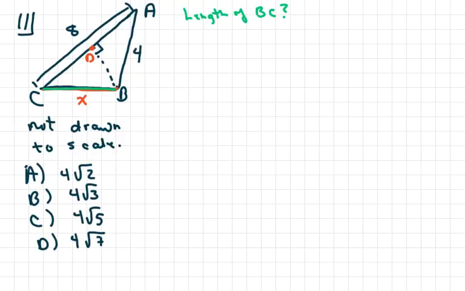So this is going to be BD. Now BD breaks the triangle ABC into two smaller triangles, and you know two side lengths for triangle ABD, so use the Pythagorean theorem. We know that this side's 4, so this side here is going to be square root of 7.